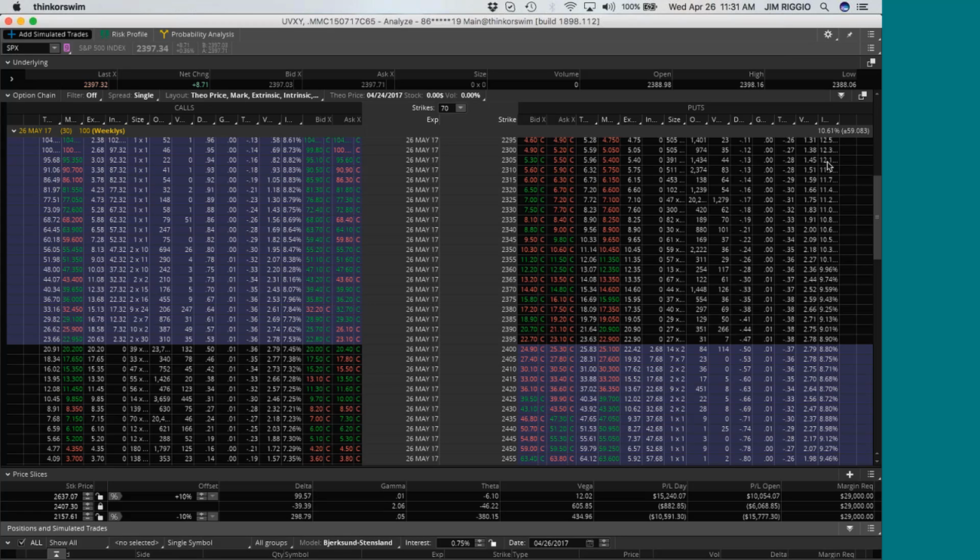Now, this wasn't always the case. They used to be a lot more symmetrical. There were firms like Citadel and others, and O'Connor and Associates was one of the very, very first, that realized that when the market goes down, the implied volatility should be higher on these strikes.